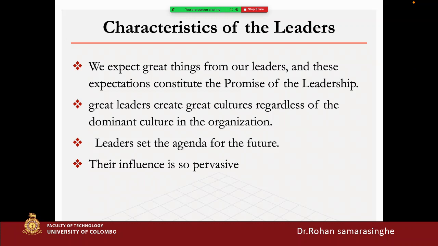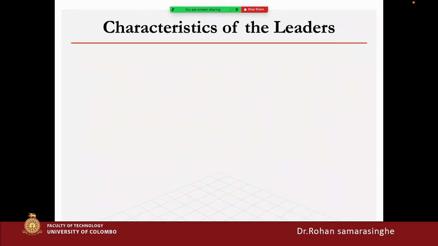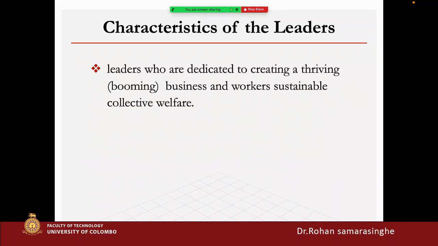So normally leaders do not always speak with others, and if they speak with others, their words are very, very important and valued. So when you consider more about the characteristics, leaders who are dedicated to creating and thriving, thriving normally means the booming of the business and workers' sustainable collective welfare.